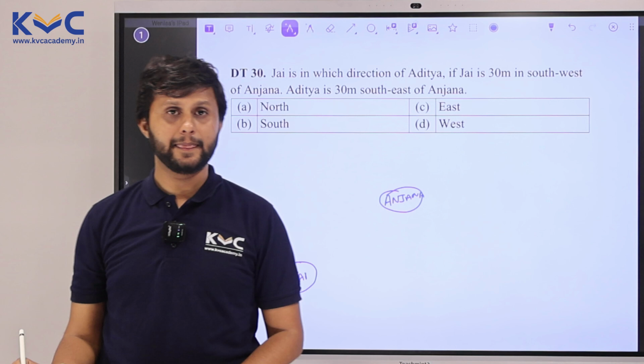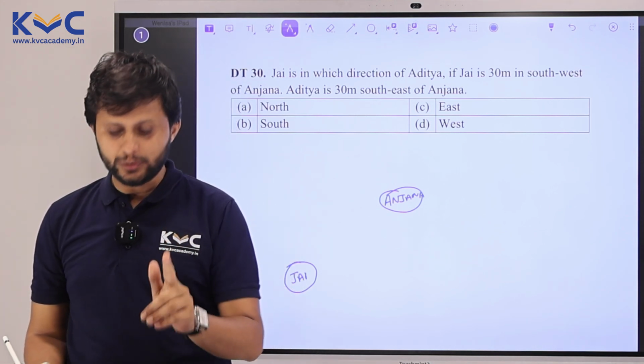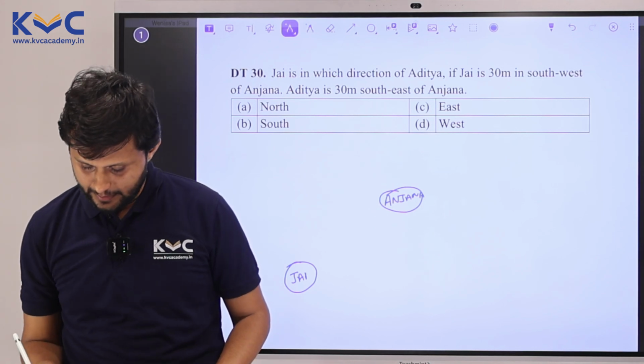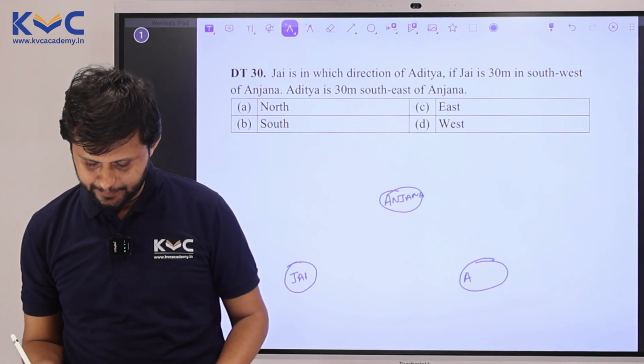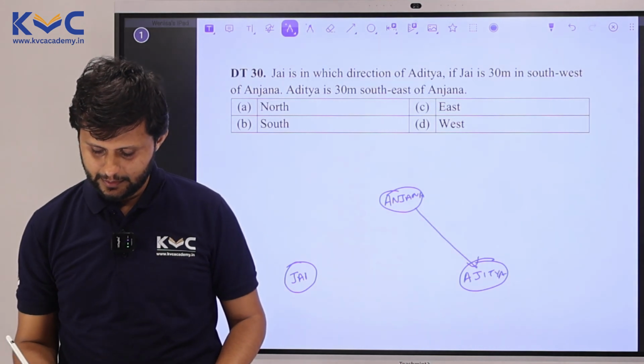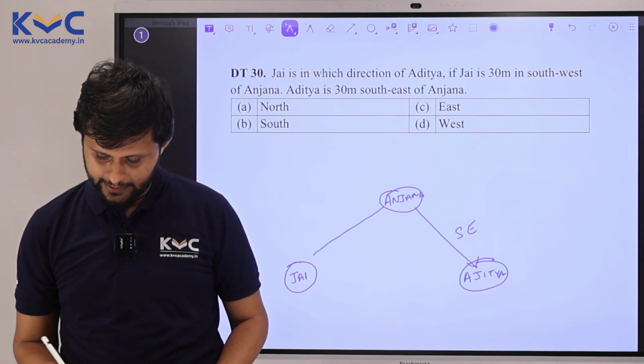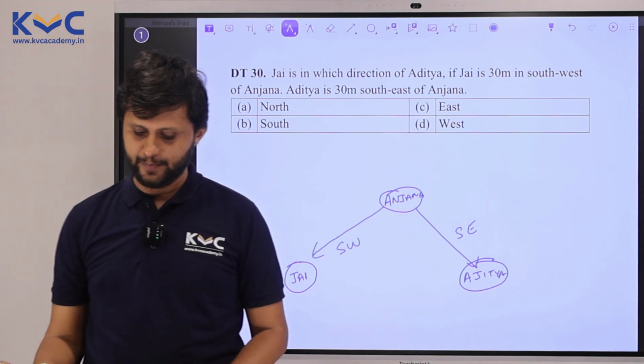Okay. Aditya is 30 meters southeast of Anjana. This is Aditya. Southeast of Anjana. This is southwest of Anjana.